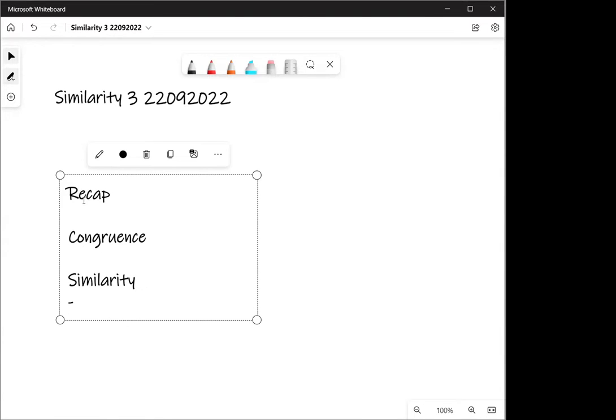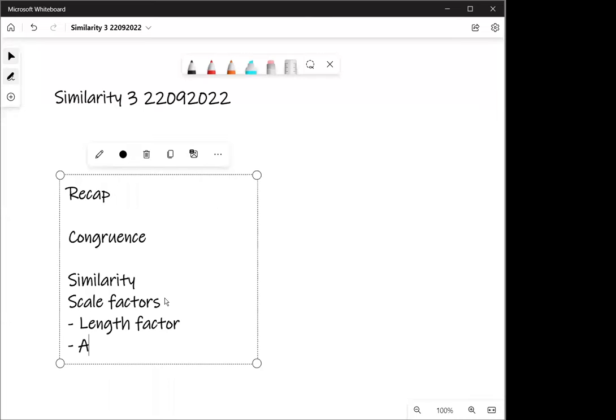And Similarity, what did we talk about? We talked about factors, scale factor. Yep, scale factor. And scale factors, you have three kinds of them. First, we have your length. That's a length factor. You can call the next one area factor.